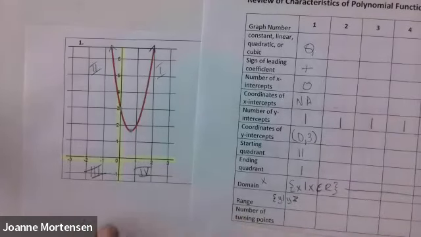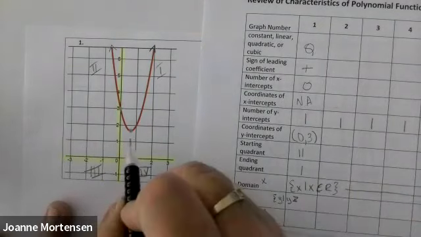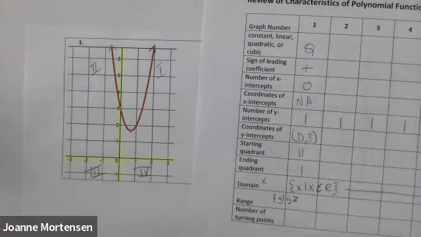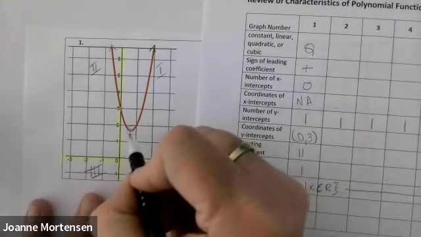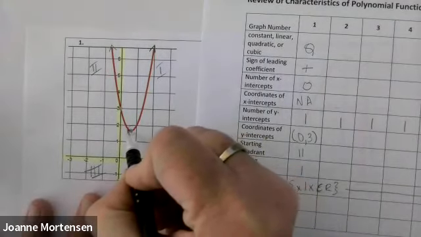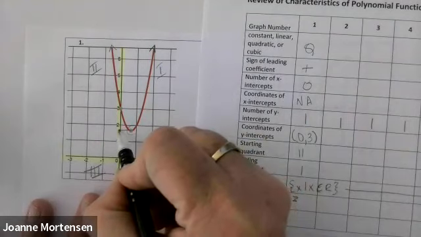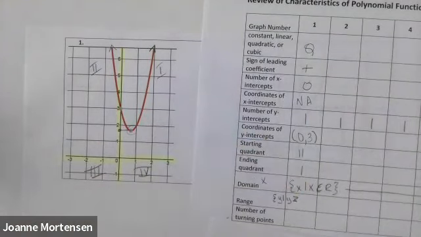And then we find the minimum Y value. So minimum means as low as it goes. So the turning point on a quadratic is always the minimum or maximum. So this is the point, and if I go this way, can somebody tell me about how far that is?